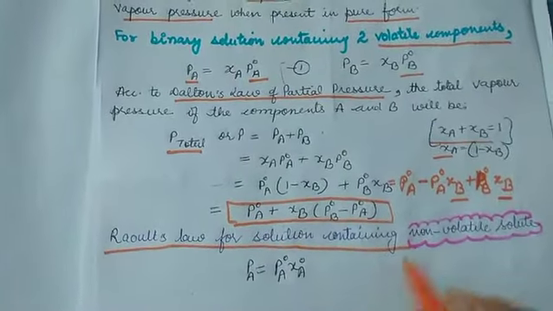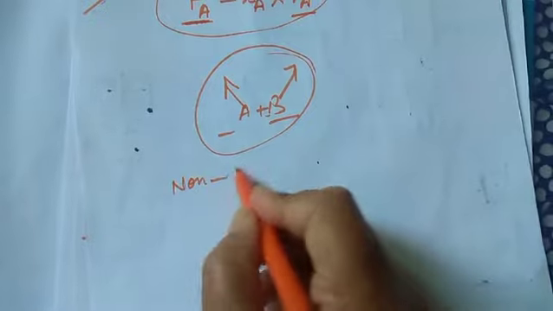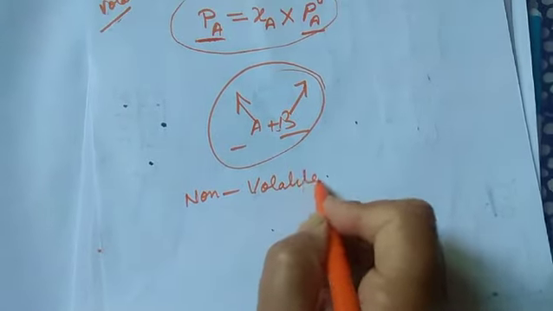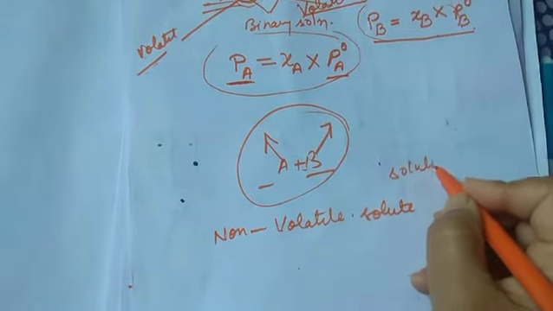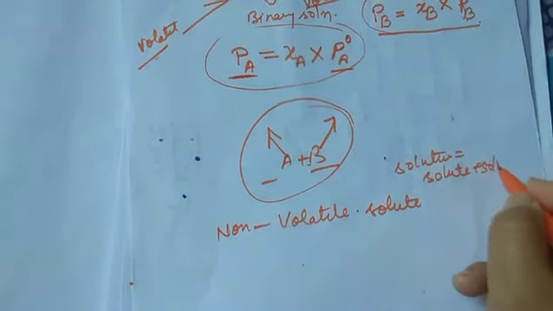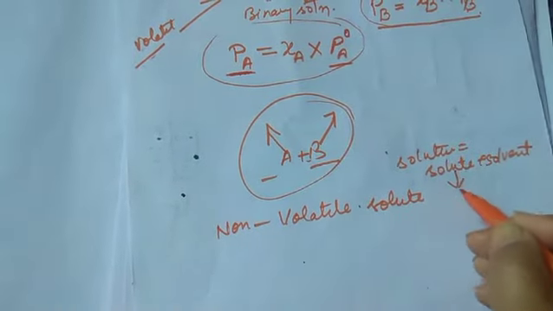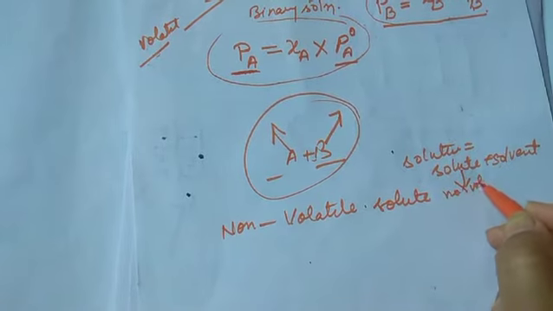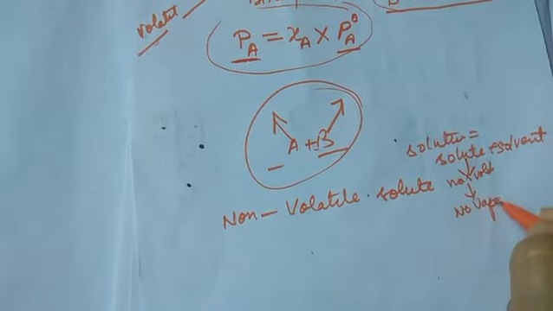Then applying Raoult's law, suppose we have two components. Applying Raoult's law for a non-volatile solute, the solution is made up of solute plus solvent. Now we are dealing with a non-volatile solute, which means no vapor will be formed.